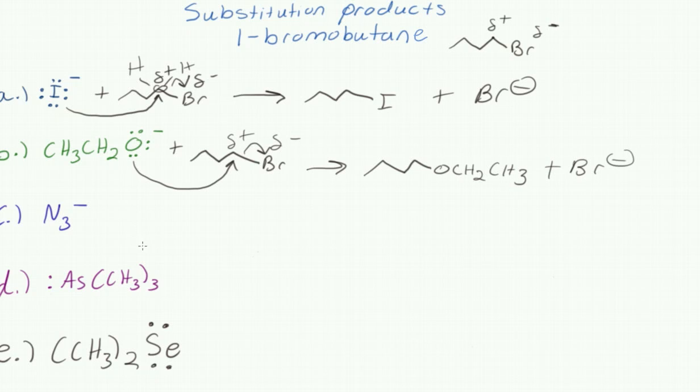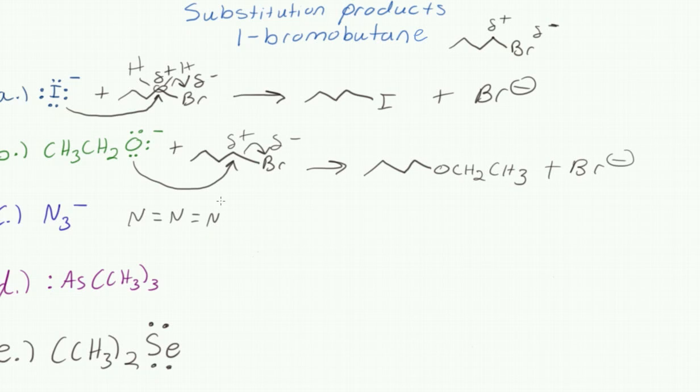All right, now let's do N3. What in the world does N3 minus look like? Well, 5 times 3 is 15. The reason why I said 5, we had 5 valence electrons in nitrogen, 15 total, and plus 1 because that negative charged, so it's 16, and I just know it looks something like this, where this middle nitrogen has a, let's see, I'm forgetting some electrons.